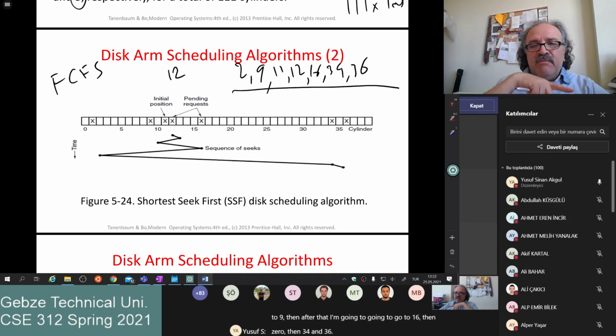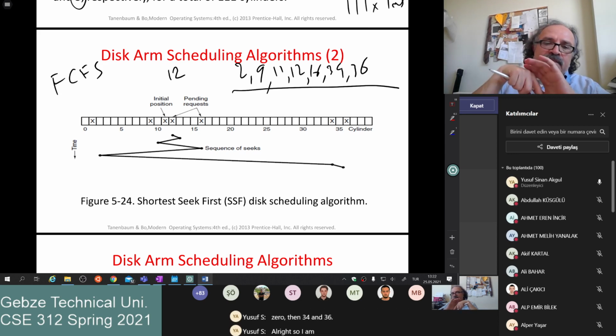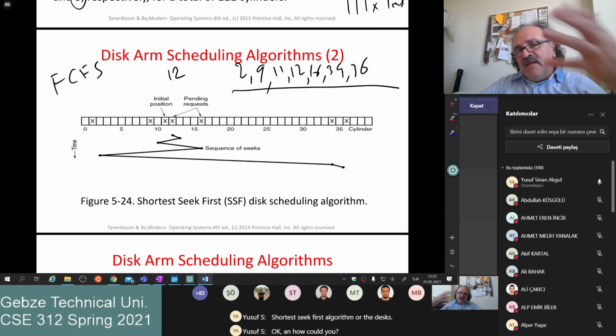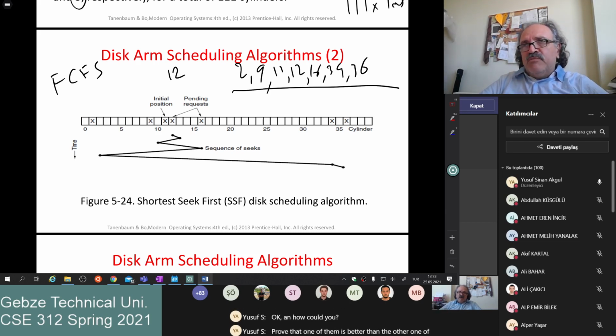So I am always looking for the shortest one. Wherever I am, I should read the closest one. That's called the shortest seek first algorithm for disks. How could you prove that one of them is better than the other? Of course, there are no theoretical proofs. We are running simulations.